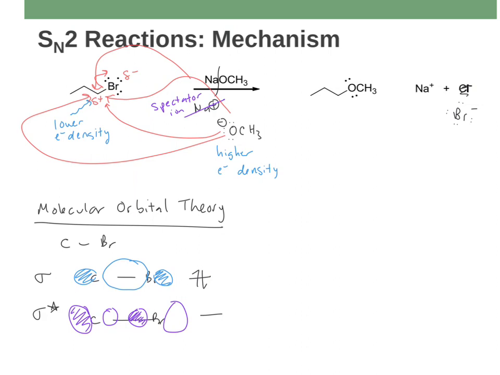And when you're going to break this carbon-bromine bond, the idea is that your nucleophile here, your OCH3, acting as a Lewis base, is going to put those two electrons into the empty sigma star.